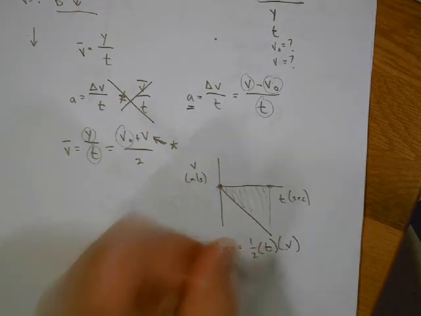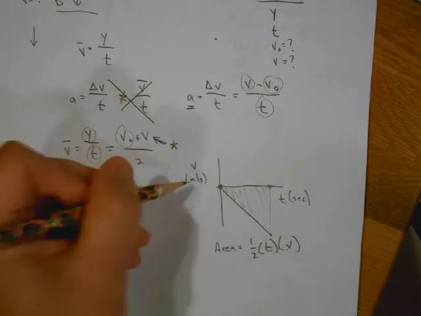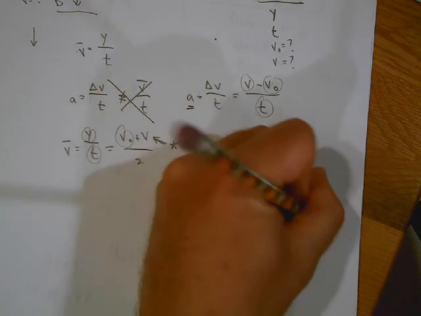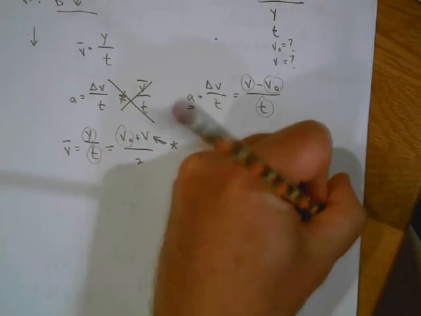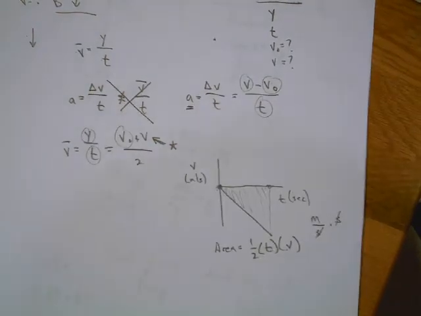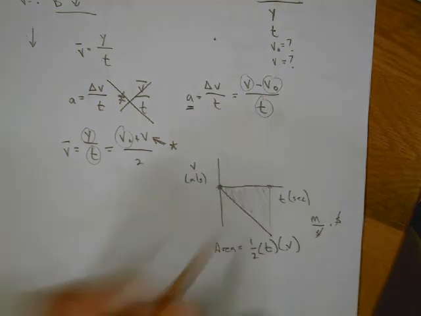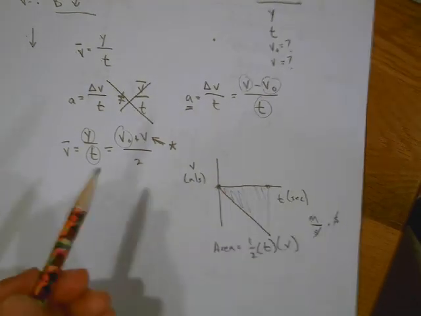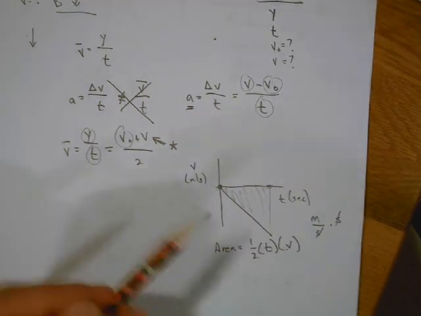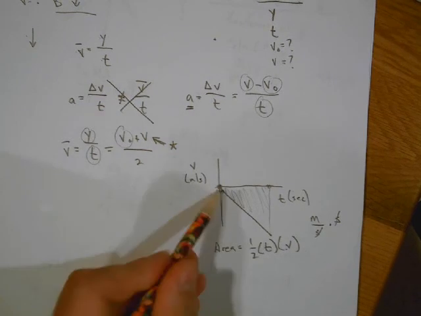What is this times this? That is going to be your displacement. Meters per second times seconds: the seconds go away and you're left with meters, so I get my displacement. You'll notice the area is going to be negative. Why? Because the ball went down.